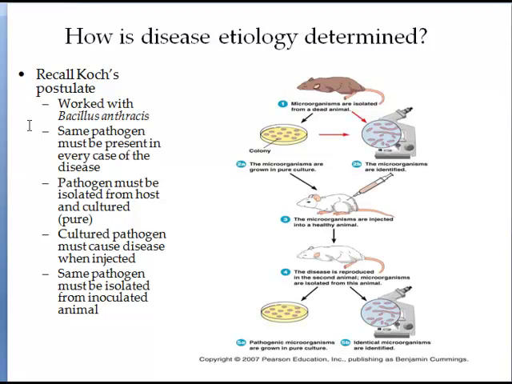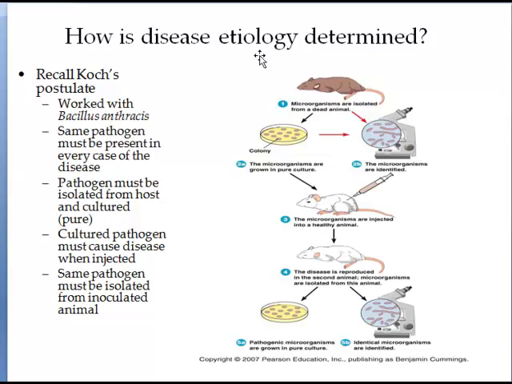His famous case is the disease of the cattle that can also occur in humans, and he pretty much showed that a certain bacterium, today known as Bacillus anthracis, was always present in the blood of the animals that had the disease and not present in healthy animals.